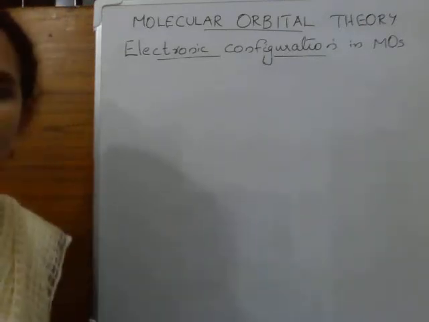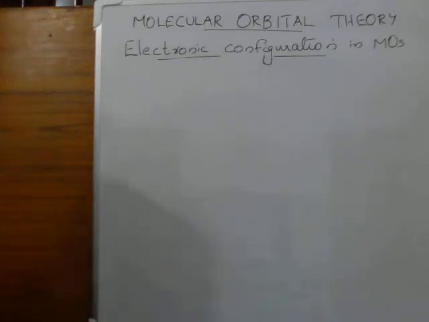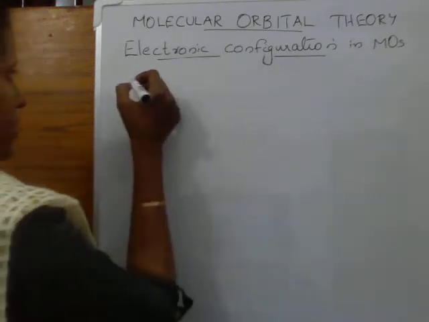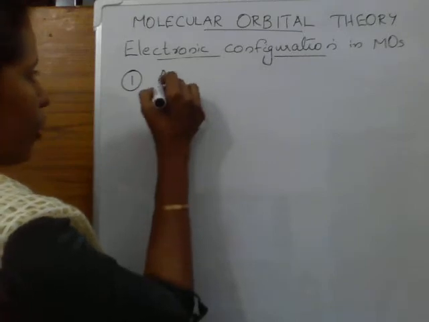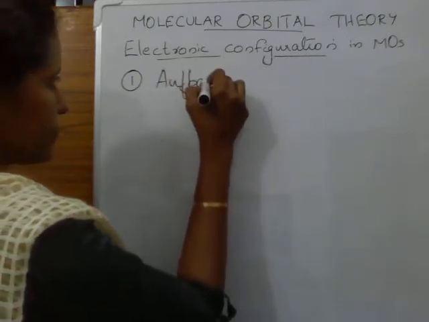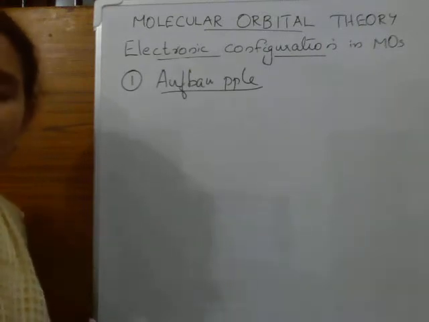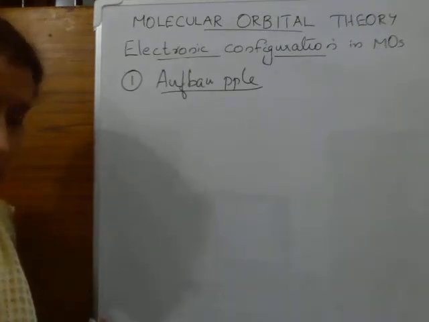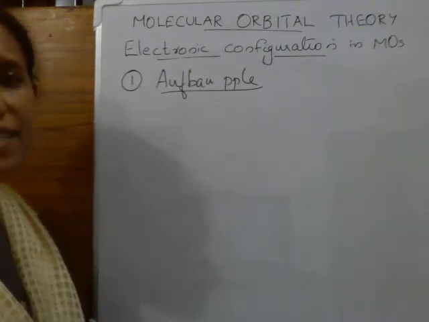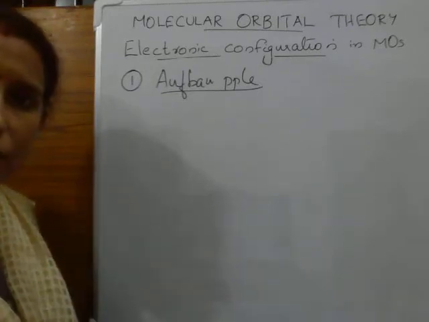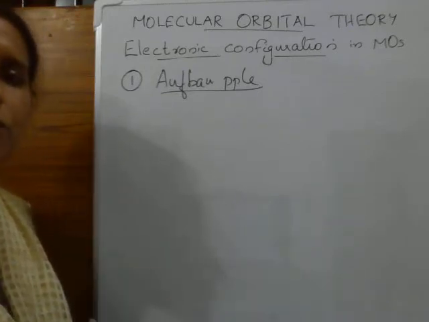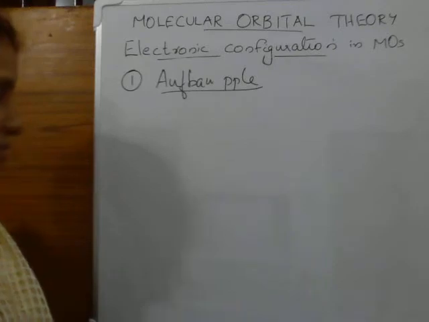Molecular orbital electronic configuration. To write electronic configuration, we need to obey three rules. First one, Aufbau principle. What is Aufbau principle? Electrons are filled in various molecular orbitals in the order of energy. Lower energy orbitals are filled first, then only electrons go to fill higher energy orbitals.